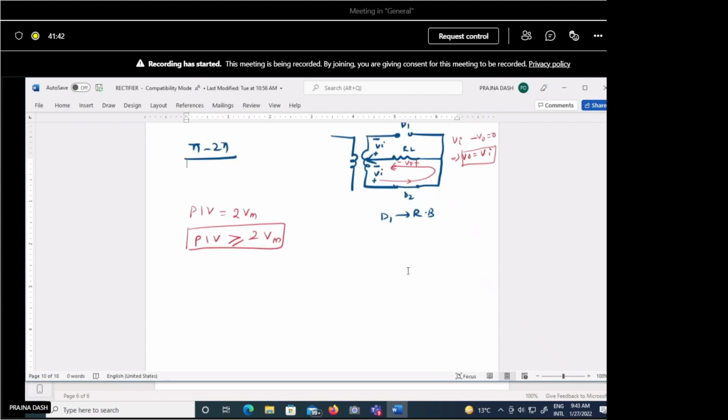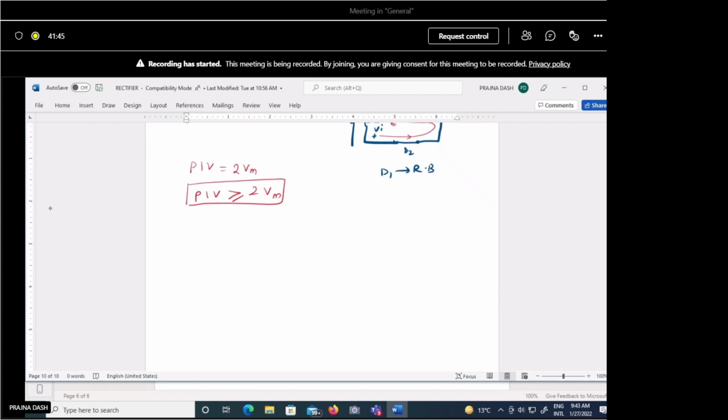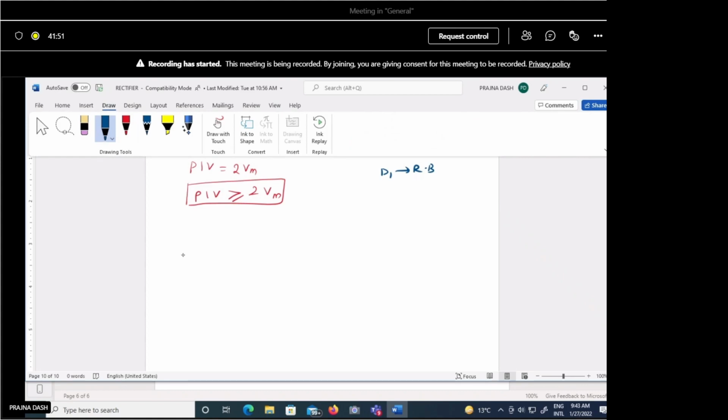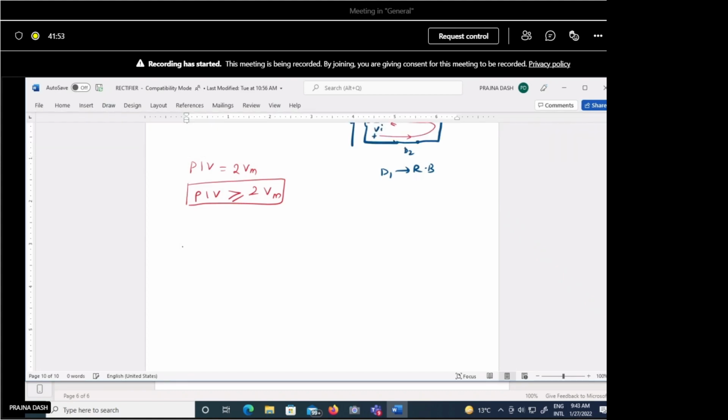One more full wave rectifier circuit is there, which is the bridge rectifier circuit. Let us discuss this after completing both rectifiers, because the waveform we get in the center tap is the same waveform we will get through the bridge rectifier.